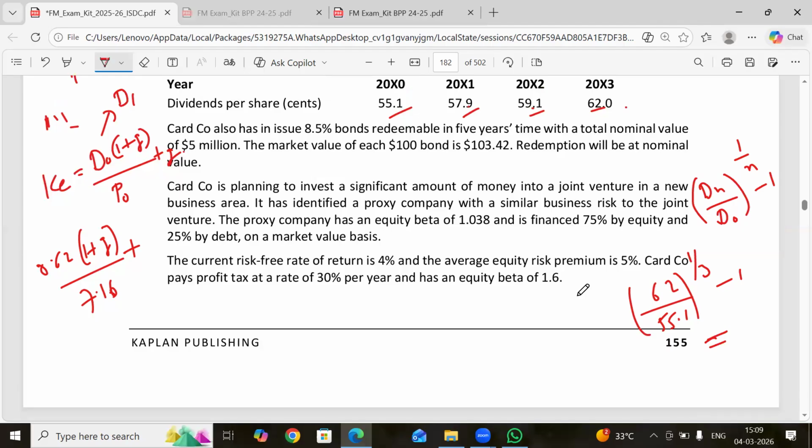1.04, sir. So 4%. Yes, 4%. Here, 62 divided by 55.1, power 0.3333.